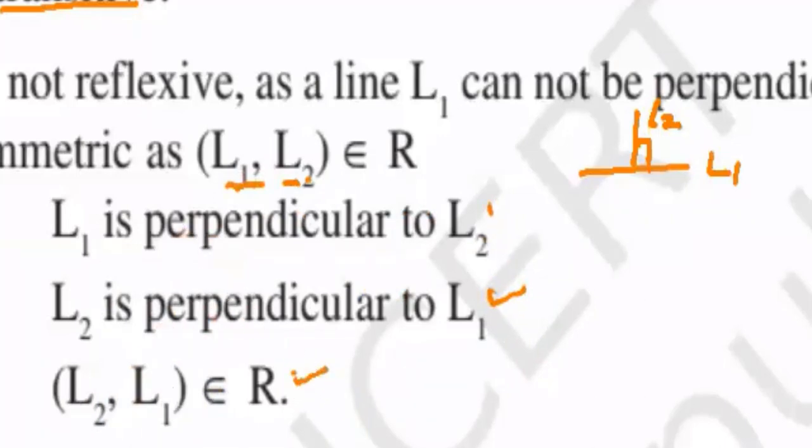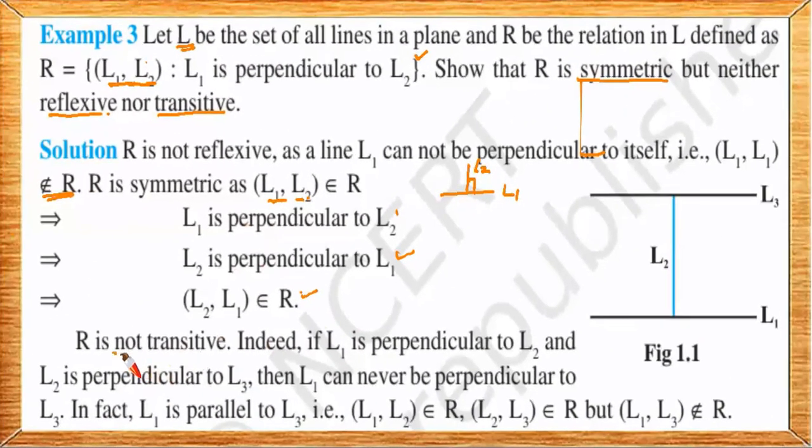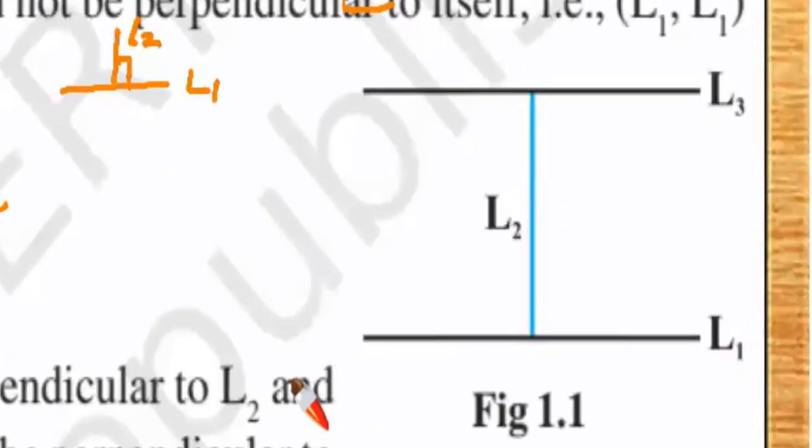So here we see the relation R defined on L is symmetric, but R is not transitive. We can see by this diagram, say L1, L2 are perpendicular. Clear? So L1 is perpendicular to L2 and L2 is perpendicular to some other line L3. But L1 is not perpendicular to L3.